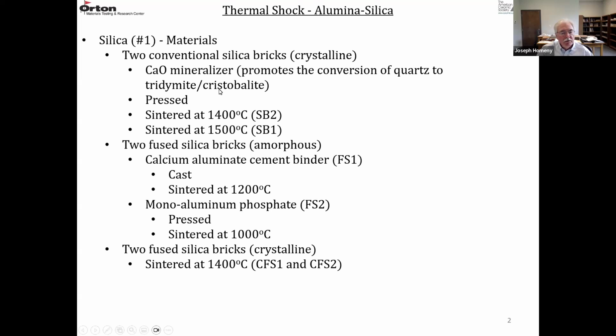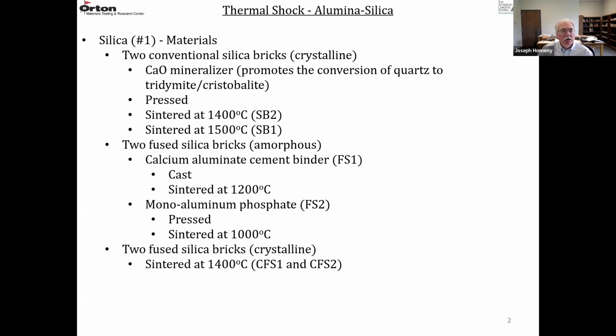So there were 6 different kinds of materials in this test. 2 conventional silica bricks, which were crystalline. They're commercially available. They contain a calcium oxide mineralizer. And that mineralizer just promotes the conversion of quartz to either tridymite or cristobalite.